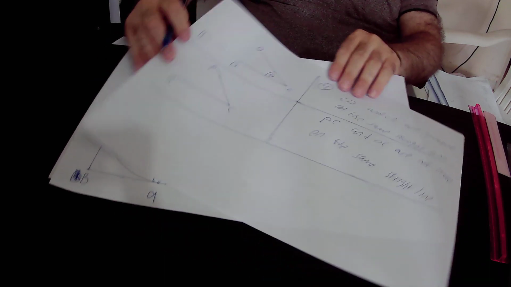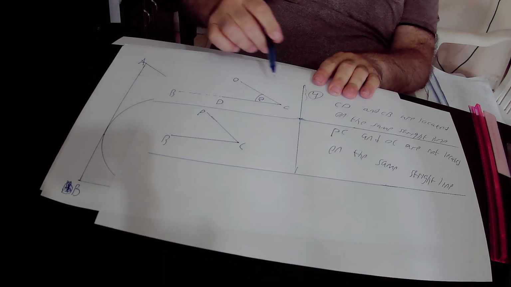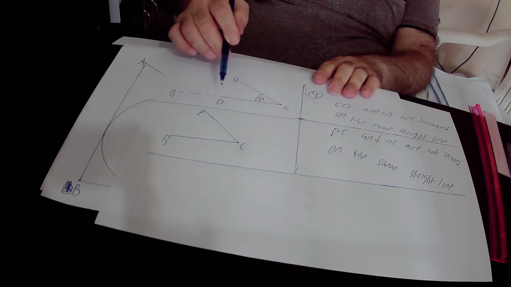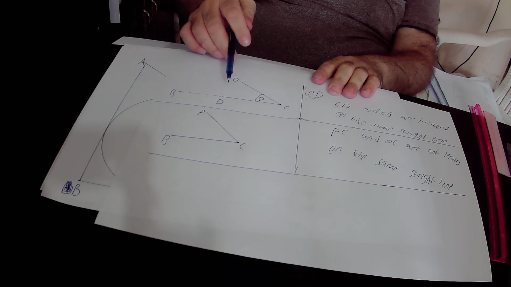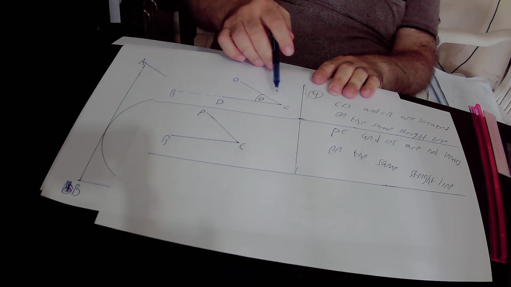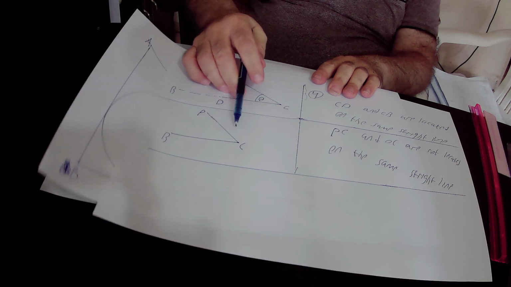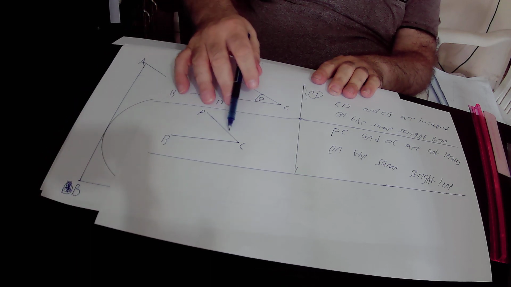So in those two angles, one leg of those two angles is located on the same straight line. That is to say, leg DC is located on the same straight line as leg BC.